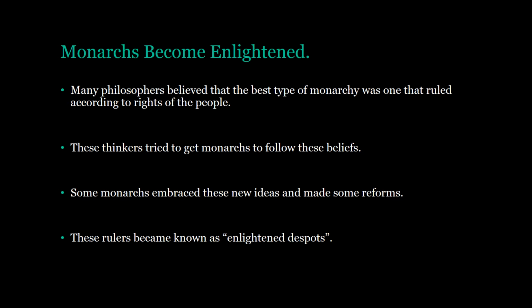So that's going to change during the Enlightenment with many kings and queens. Now these enlightened thinkers are going to try to get the monarchs to follow these beliefs. And like I said, some monarchs are going to embrace these new ideas and make some reforms. And therefore, these rulers will become known as enlightened despots.